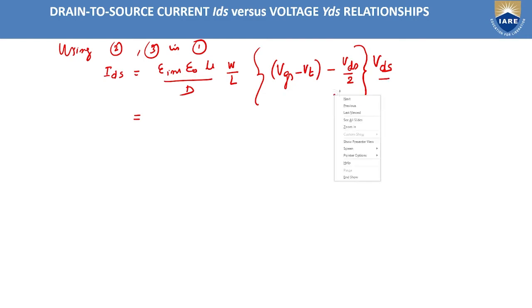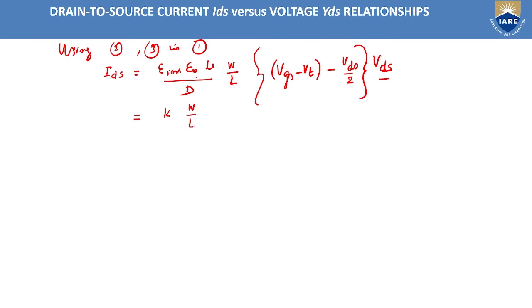And I will replace epsilon INS epsilon naught mu by D as K. Then this equation becomes K W by L. What is K?